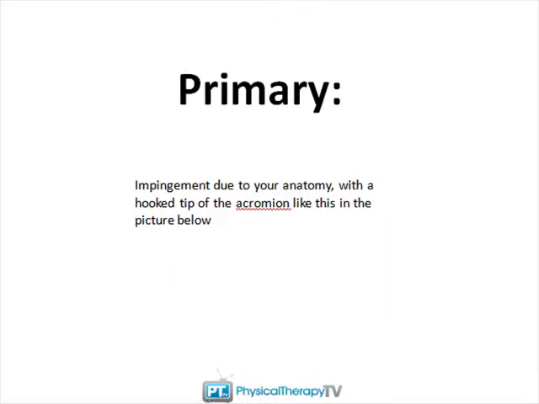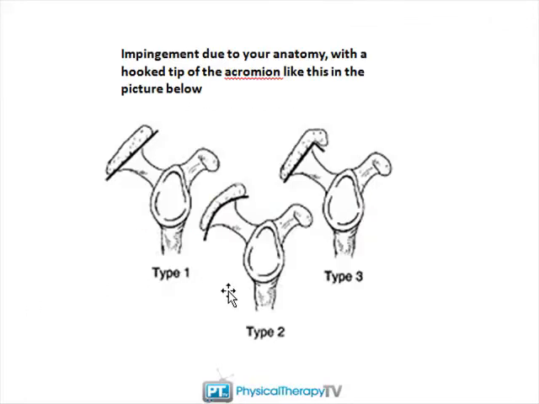Primary would be impingement due to your anatomy, something that you can't control, and that would be, for example, a hooked tip of the acromion, in this picture below. Most people are born with a type 1 or type 2 acromion.